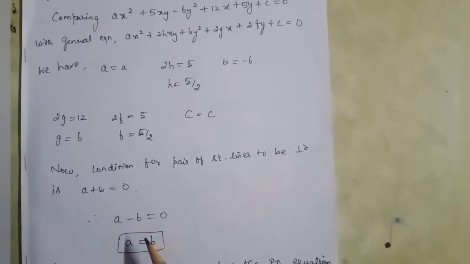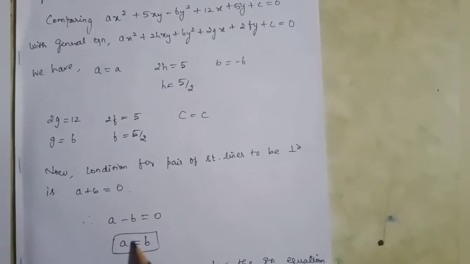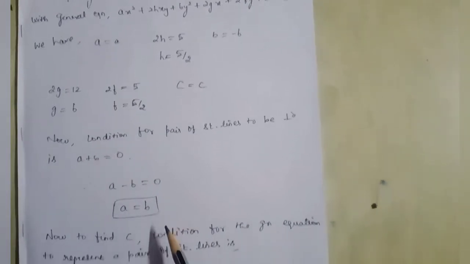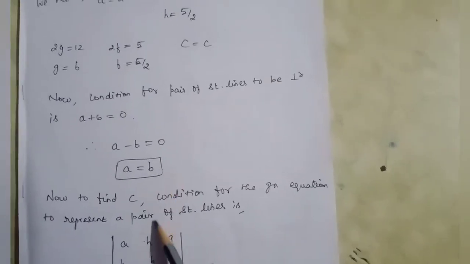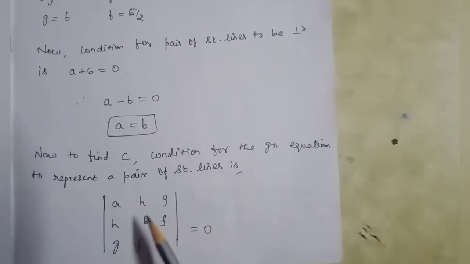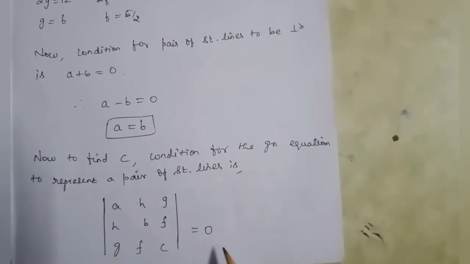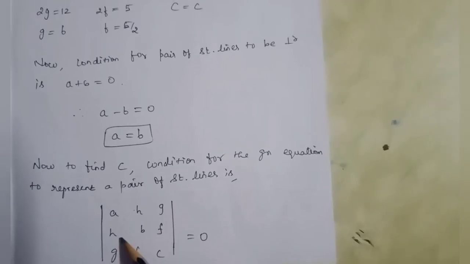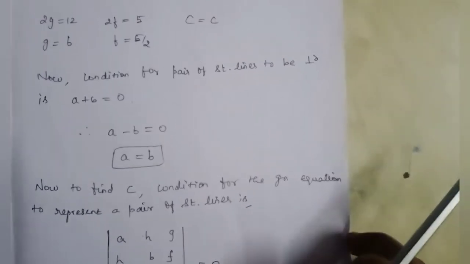Now the condition for a pair of straight lines to be perpendicular is a + b = 0. Here b is -6, so a + (-6) = 0, and from this we get the value of a to be 6. Now to find c, the condition for the given equation to represent a pair of straight lines is that this determinant has to be 0, that is, the determinant with rows a h g, h b f and g f c should have 0 value.